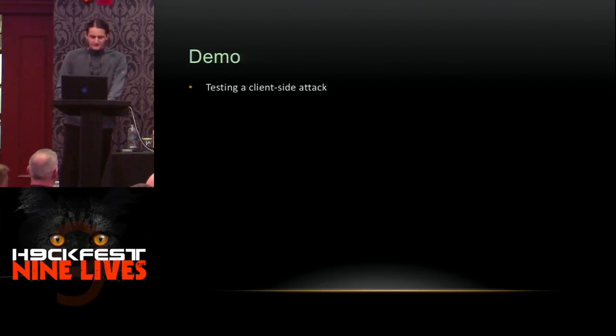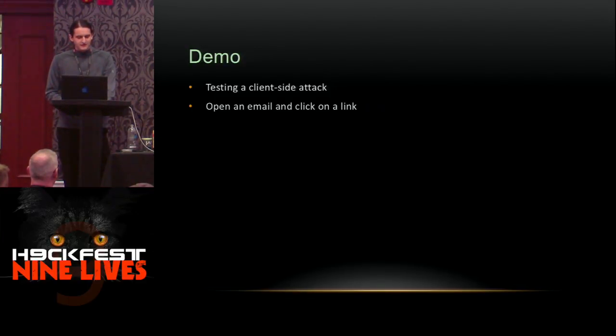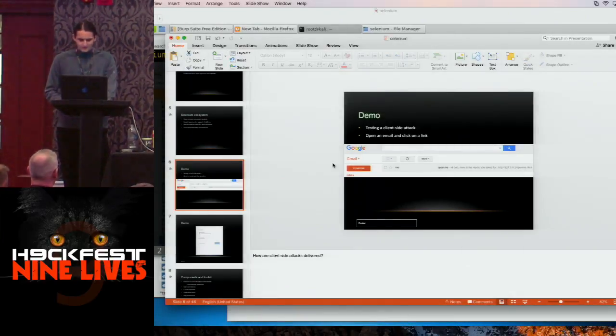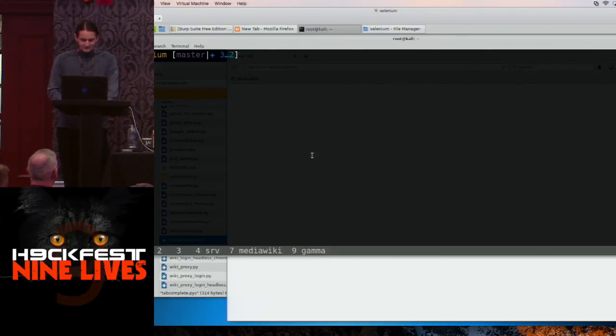Okay, so to begin with, to convince you that Selenium is cool and useful and can actually do something with a modern web application outside of the lab, I'm going to start by testing a client-side attack through a modern web application. And what's more modern and cutting edge than Gmail, right? So we're going to simulate a user on an engagement who unwisely logs into Gmail and clicks on a link that we send him.